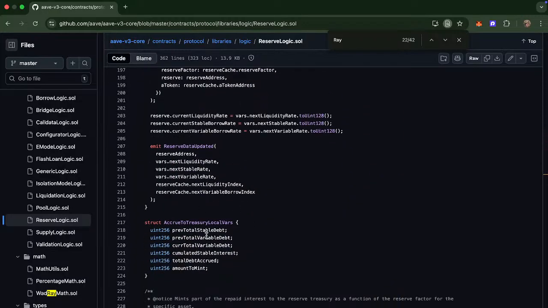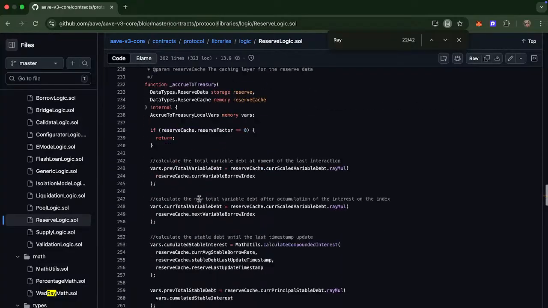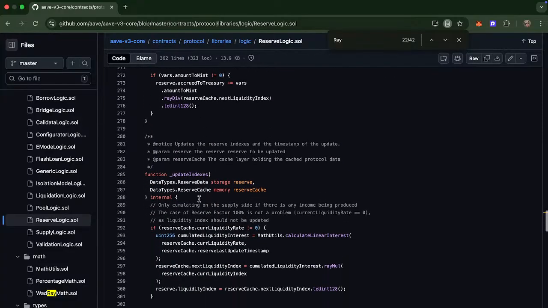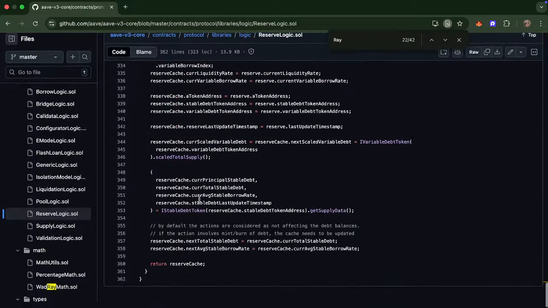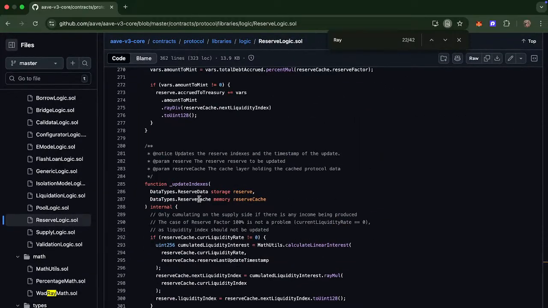Update state, accrue strategy, update indexes, update index.